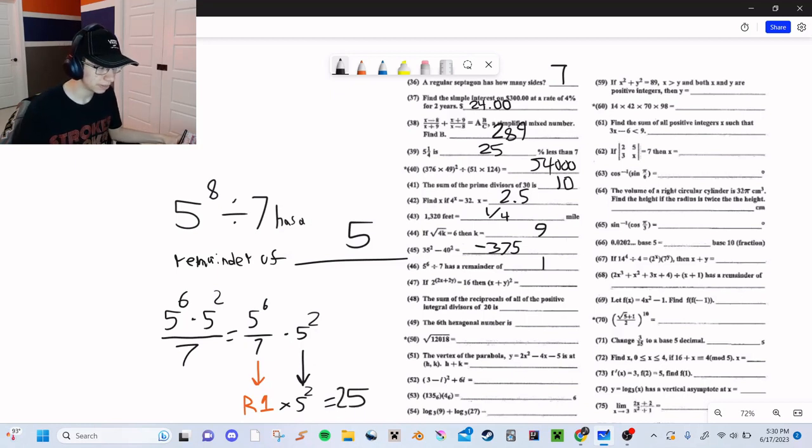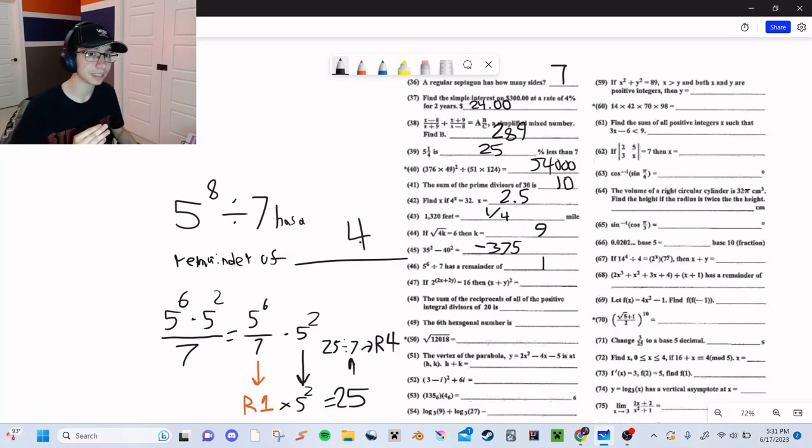And that's going to give me 25. But I can't have a remainder of 25 when I divide by 7. 25 is greater than 7. So the way I'll get the remainder now is I'll just do 25 divided by 7 and see what that remainder is. So 25 divided by 7 gives me a remainder of 4. And so 5 to the 8th divided by 7 gives me 4.